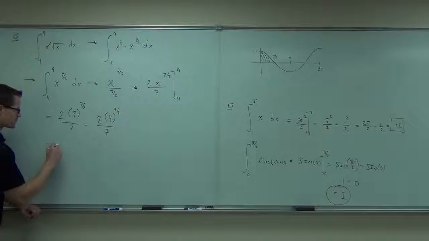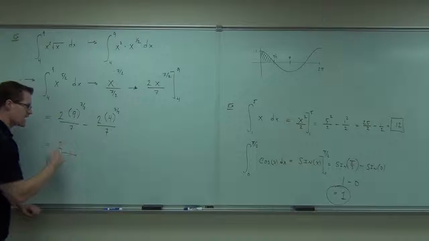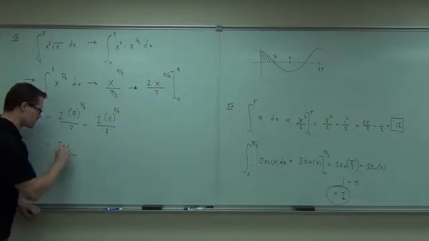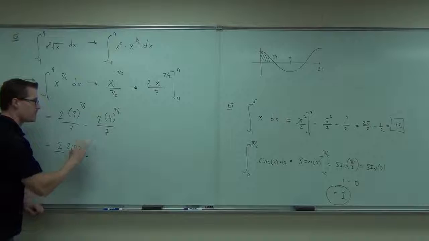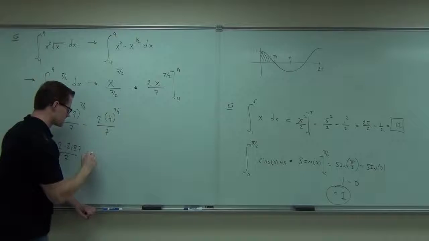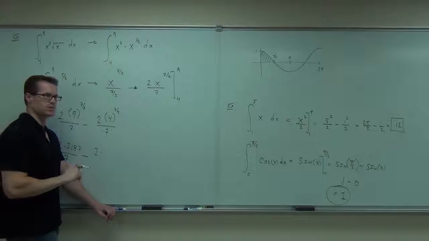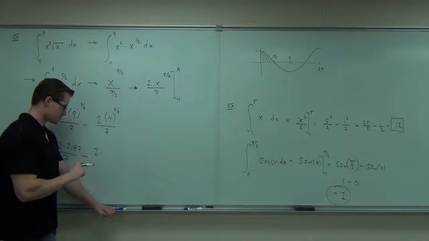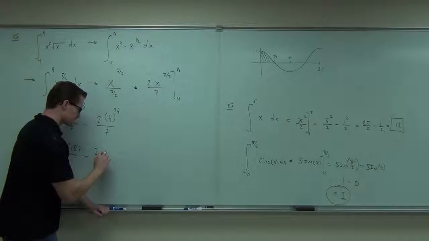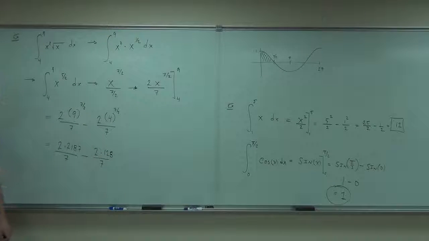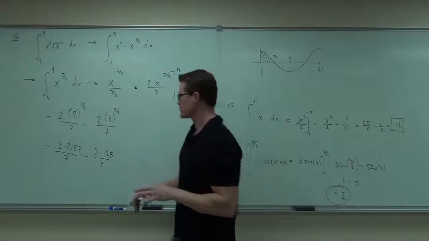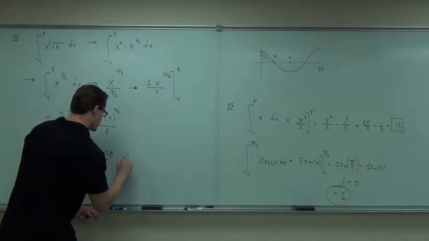So this is 2 times, someone tell me what 9 to the 7 halves is, or 3 to the 7th. Minus, the square root of 4 is 2, then you do 2 to the 7th. How much is 2 to the 7th? Are you okay on getting those numbers out, ladies and gentlemen? 2 times 2,187 is 4374.